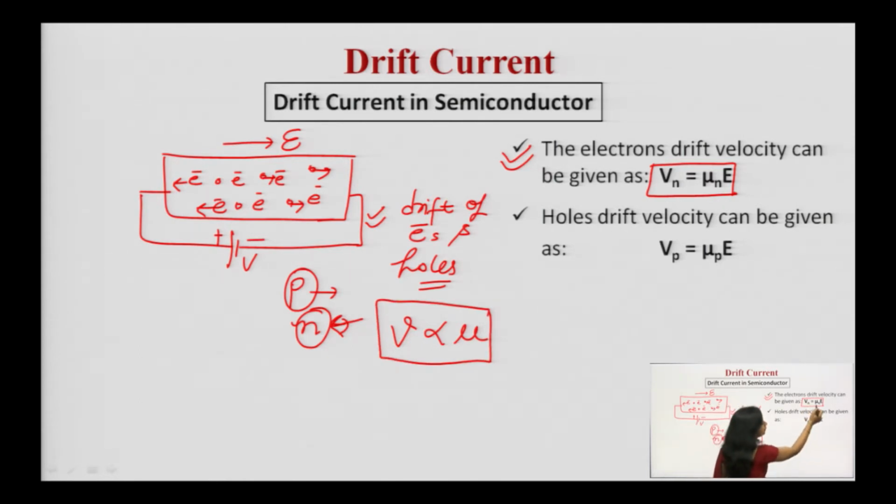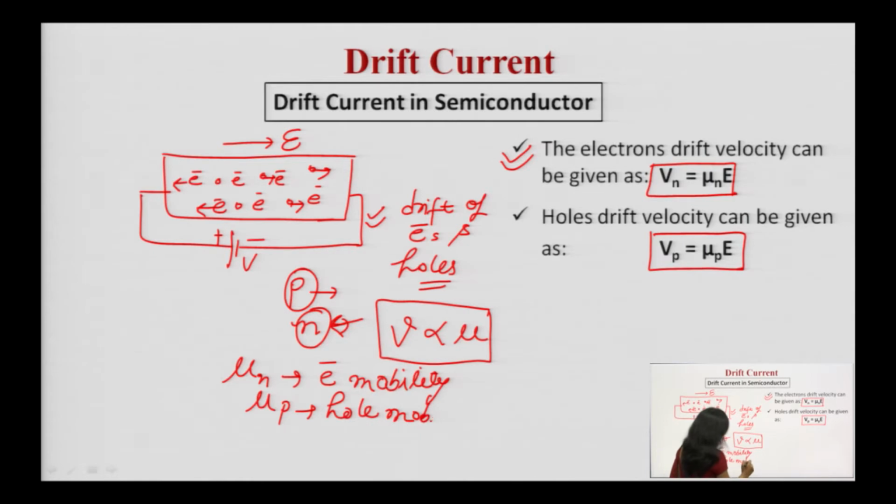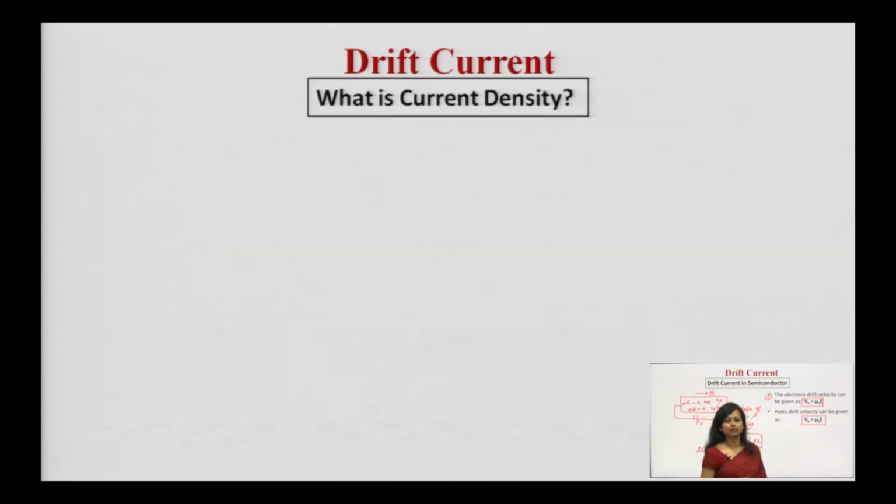So Vn is mu n into E. And for the holes drift velocity, Vp is equal to mu p into E. Here mu n is the electron mobility and mu p is the hole mobility. This is how you can calculate the drift velocity because of electrons and because of holes.